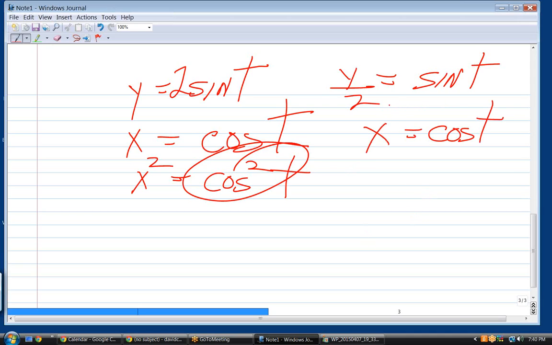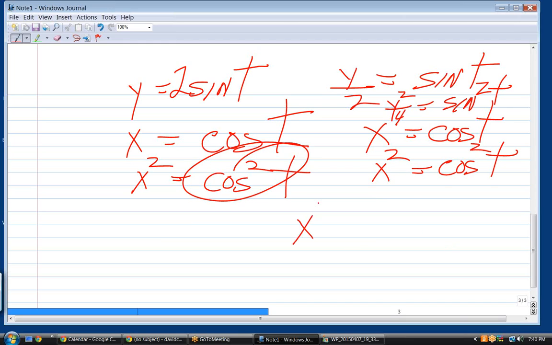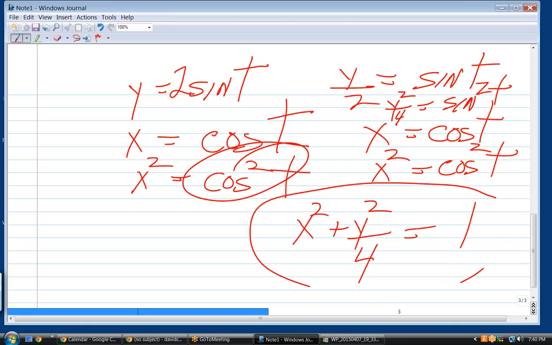Square both sides. Up here you got y squared over 4 equals sine squared of t. Down here you got x squared equals cosine squared of t. Add the two equations together. You get x squared plus y squared over 4 equals 1. What's that the equation of? Really not sure. An ellipse.